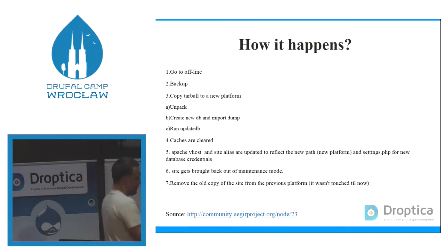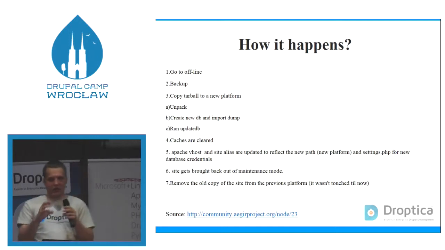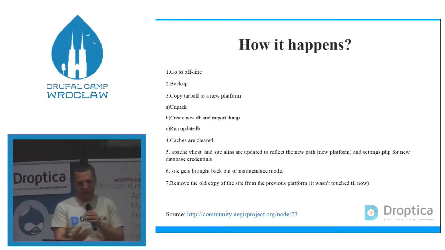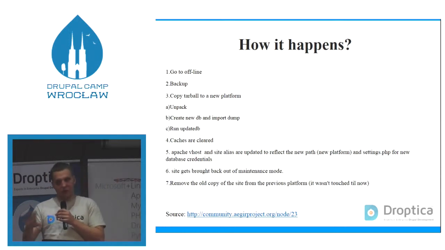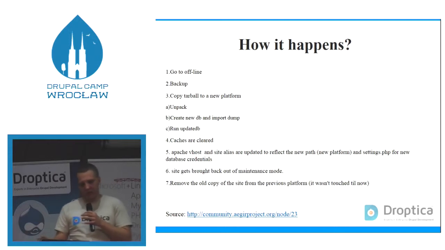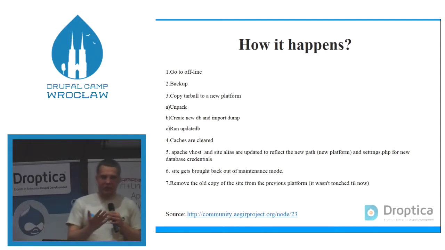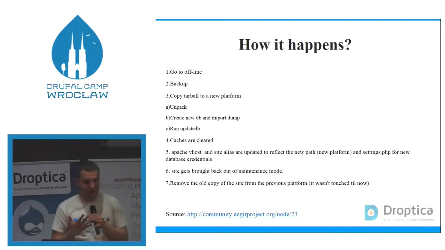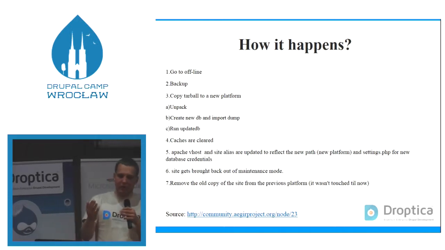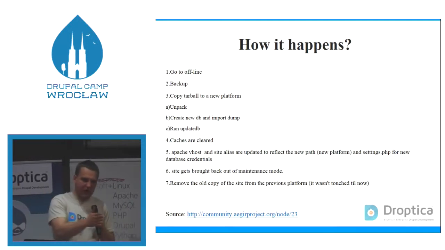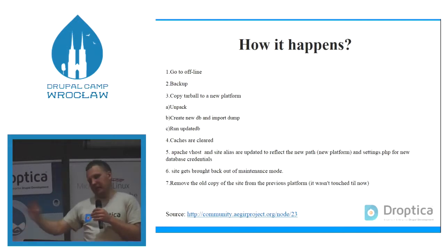It then tarballs your whole domain folder, drops the database into it, tars it, moves it onto the new platform, unpacks it there, pulls the database into a new database, runs all the updates, clears all caches, and runs a check on whether everything went correctly, like if you didn't get any errors in the process and all update hooks fired correctly. Only then it will bring the site up and move the vhost onto your new platform. Only then is the old site deleted.